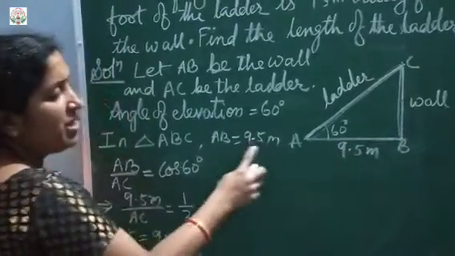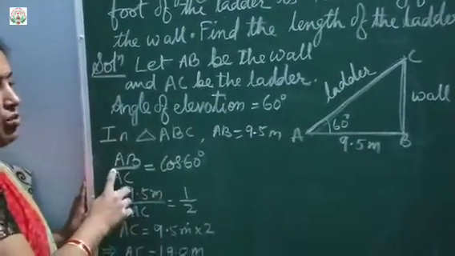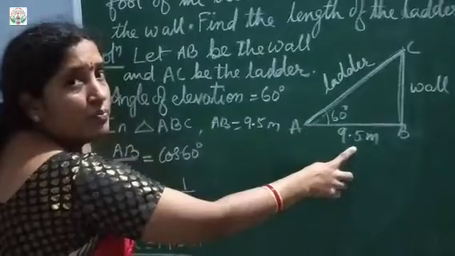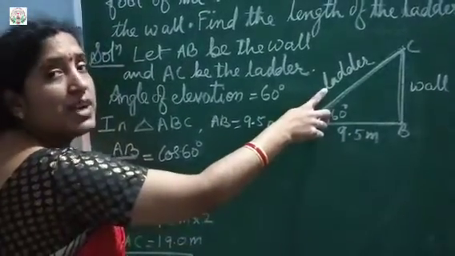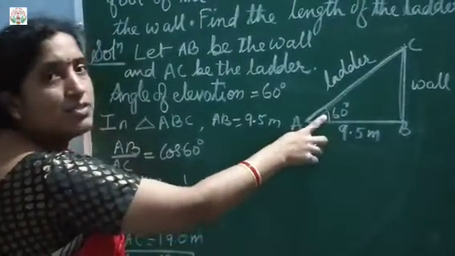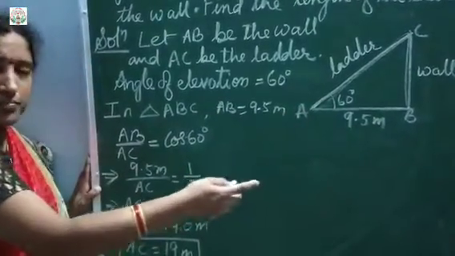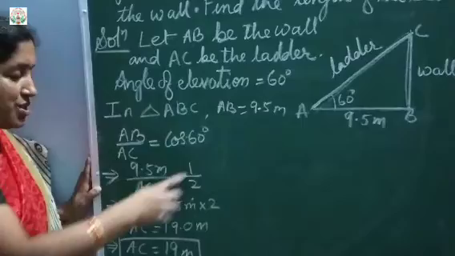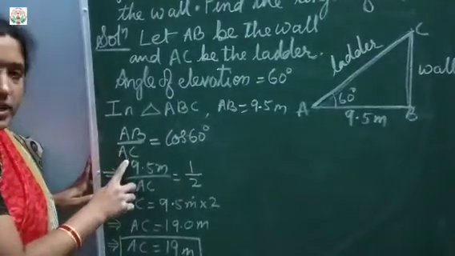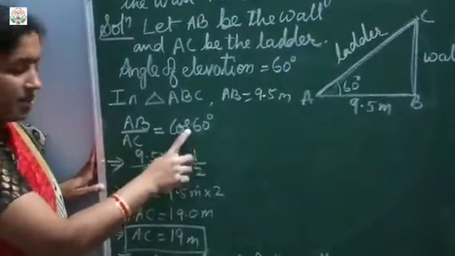Base is 9.5 meter. Now you know that base is given and we have to find the hypotenuse. Angle is given. So which trigonometric ratio you will use? That is cos. Cos is B upon H. So AB upon AC equals cos 60 degree.